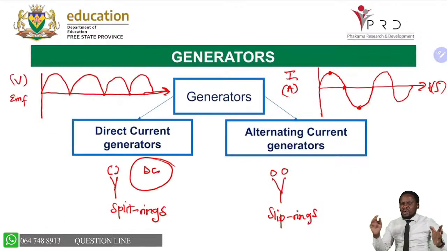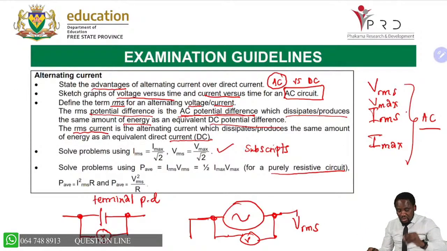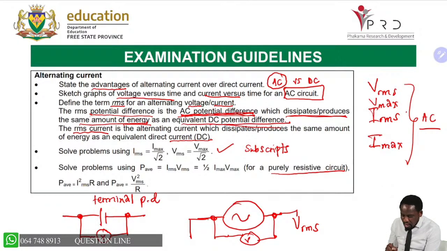Is it for DC or for AC? It is the AC potential difference, or the AC voltage, that produces the same amount of energy as an equivalent DC potential difference. Okay, so you need to capture the keywords. The root mean square is the AC potential difference that produces or dissipates the same amount of energy as the equivalent DC voltage. So those are the key terms, right?